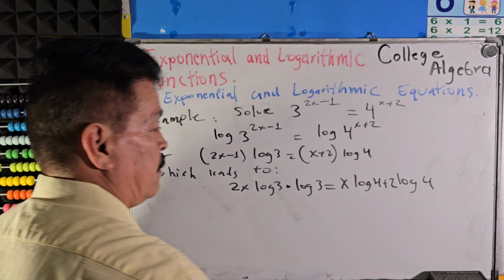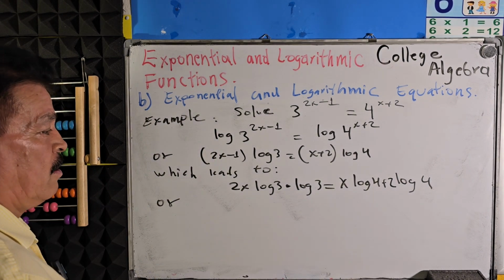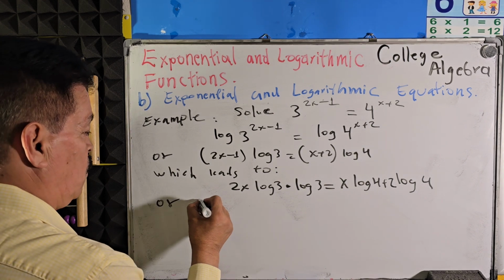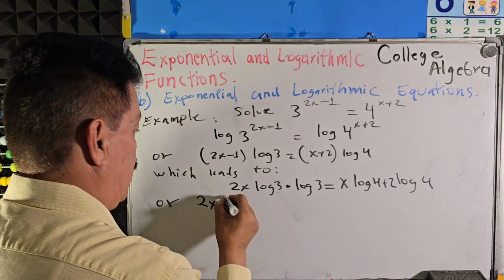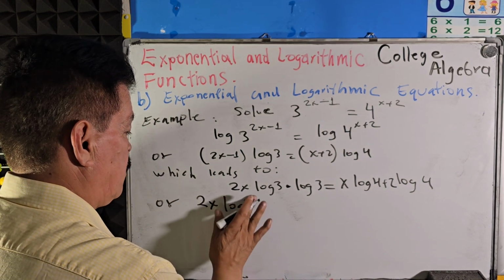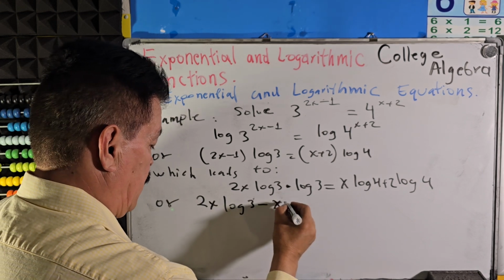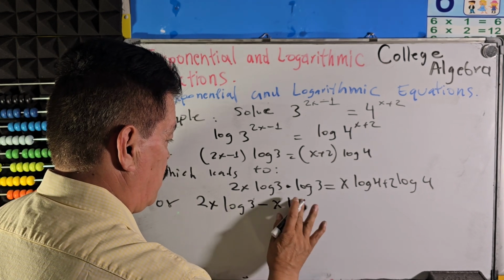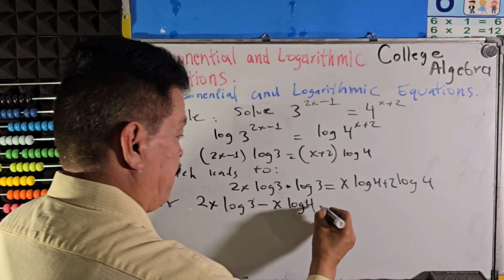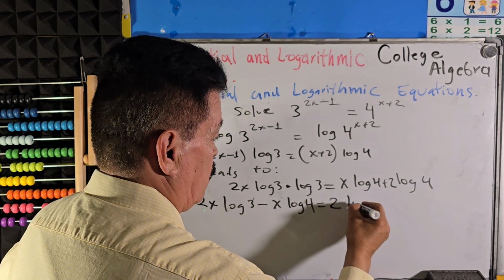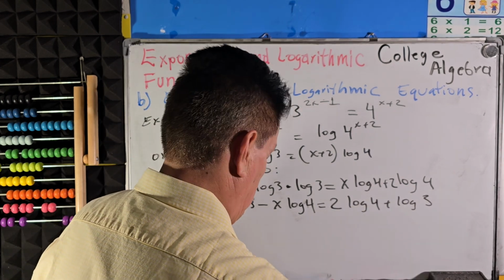All right. Or then, the other way, you are able to write 2x log 3 minus x log 4 equals 2 log 4 plus log 3. All right?